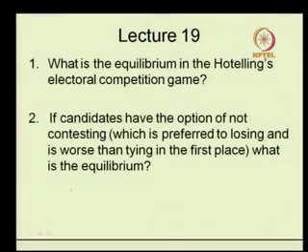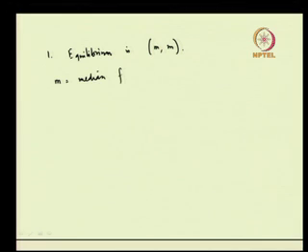What is the equilibrium in the Hotelling's electoral competition game? The equilibrium is at MM, where M is the median favorite position of voters.